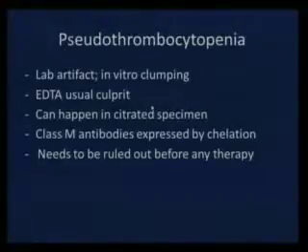This is a caveat. We have to remember that patients who are on eptifibatide can have clumping even with citrated samples. Then we should send a heparinized sample in these patients. We need to rule this out before any therapy because the patient is normal. The patient doesn't even need to be in the ICU.